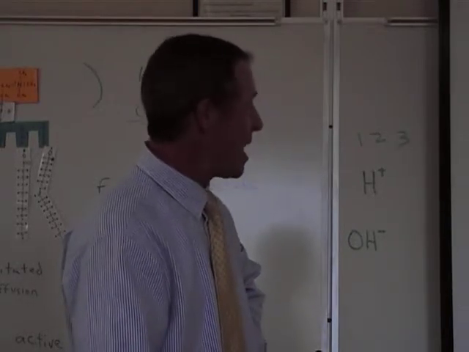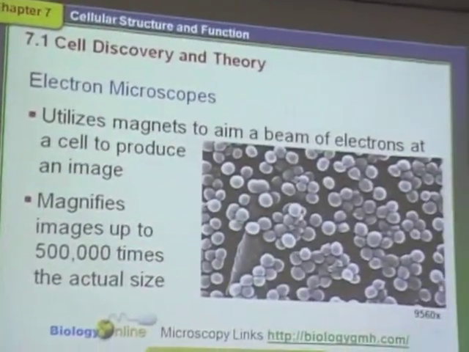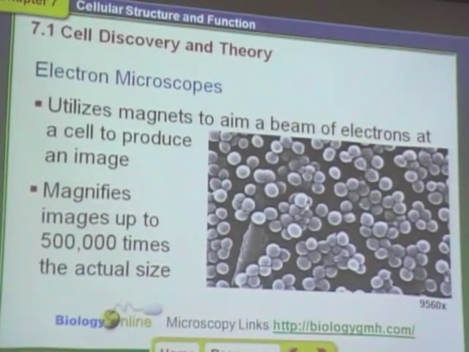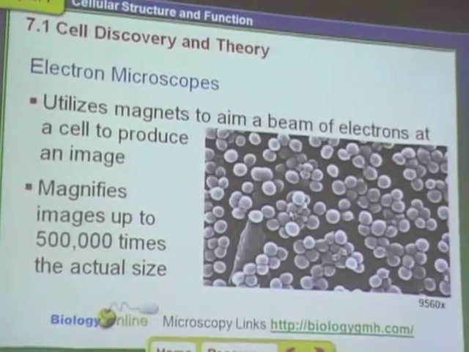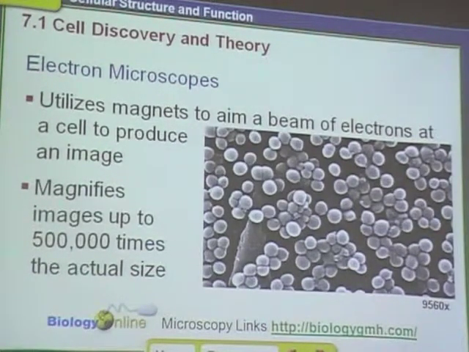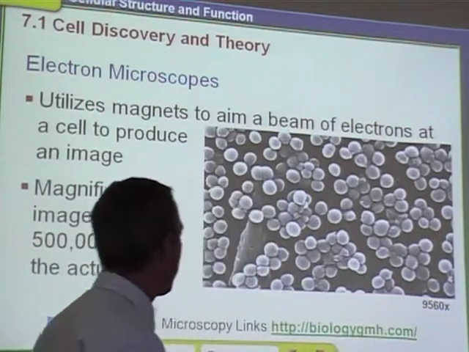Now, with the microscopes we have nowadays, we can magnify really high. This is magnified almost 10,000 times, and you can see some little bacterial cells. Bacterial cells are very tiny cells, very basic cells. These electron microscopes are really incredible tools because instead of firing visible light at something, they fire electrons.